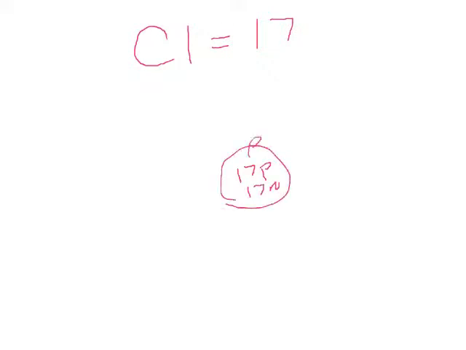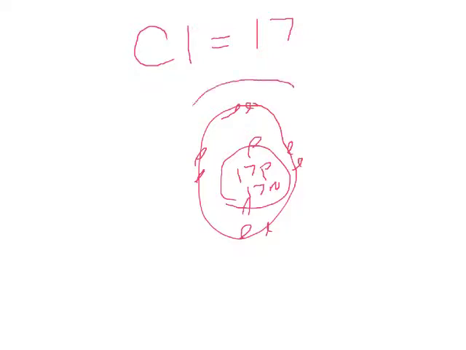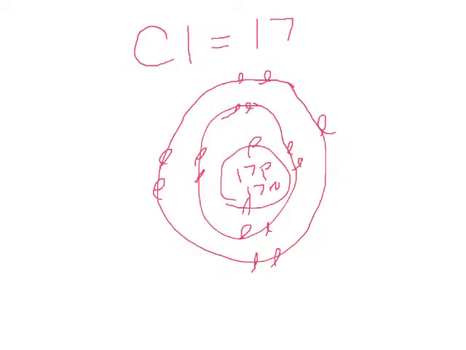First shell, 2. Second shell, 8. Sorry, it's so messy. So we have 10. Third shell, we only need 7. So there is the shell model drawing of a neutral atom of chlorine.